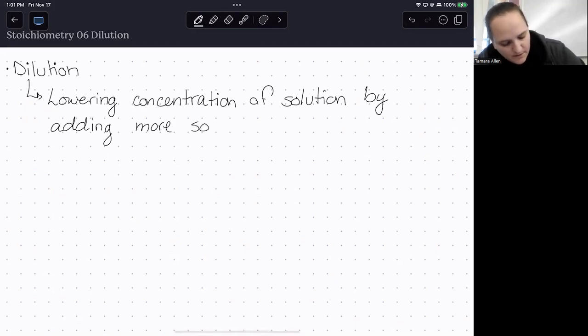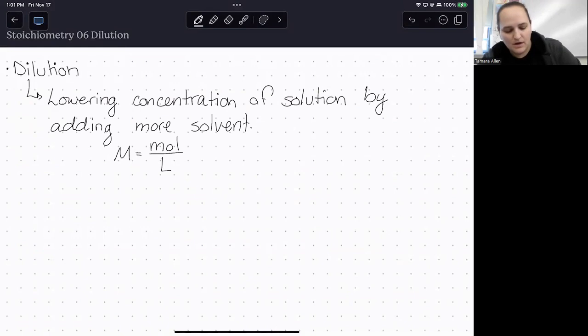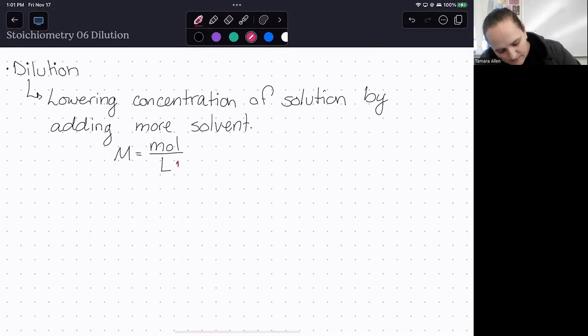If we think about what we know about molarity, we said that molarity is moles of solute per liter of solution. And we think a little bit about just how math works. If we increase the amount of volume that our solution is taking up without adding any more solute, so same amount of solute present, all we're doing is adding more water.